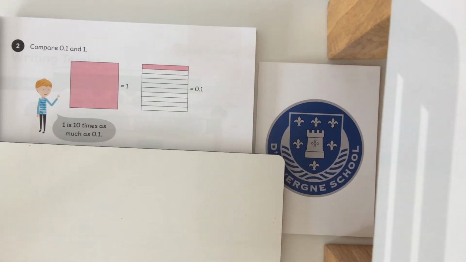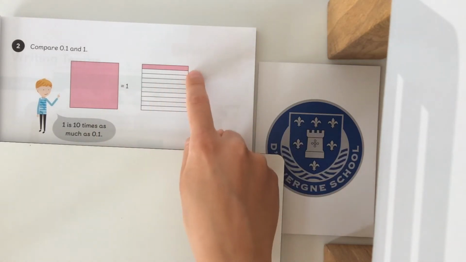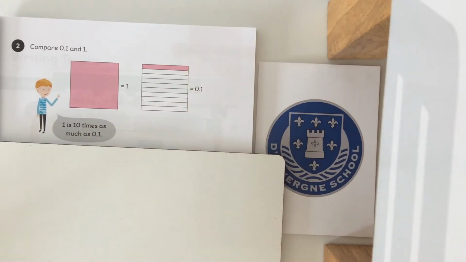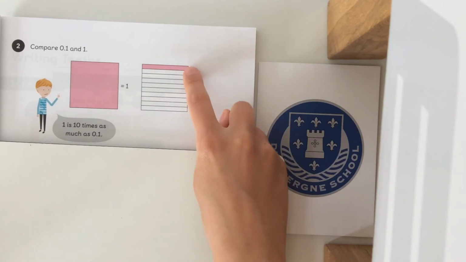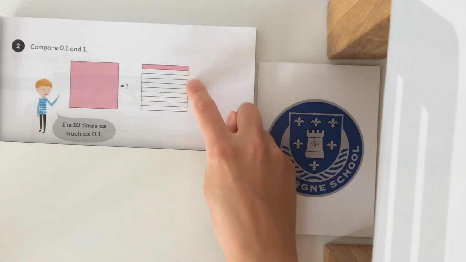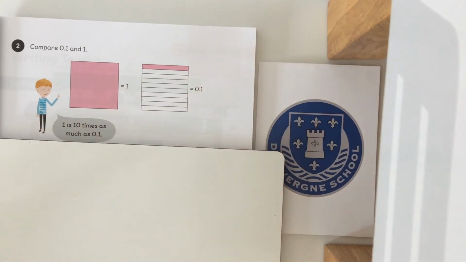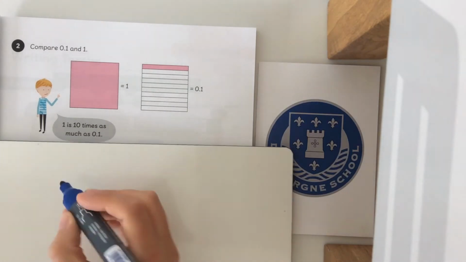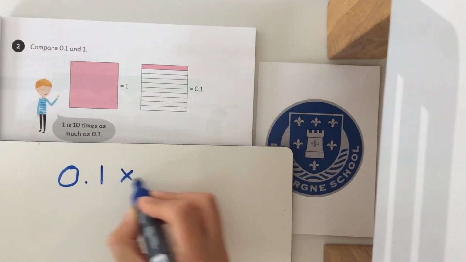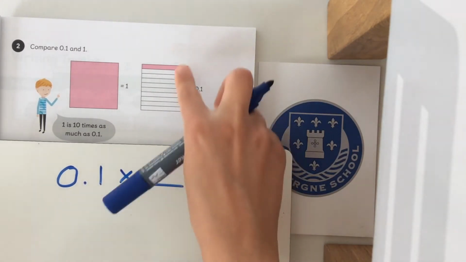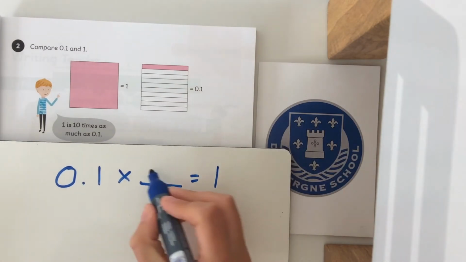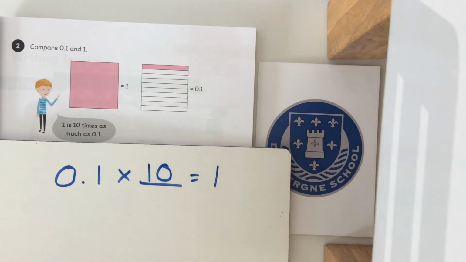We also know that 1 is 10 times as much as 0.1. We have to colour that amount of pink in 10 times to get the same as the 1. So do you know how many 0.1s make 1? 0.1 times by 10, and we have 1 whole.